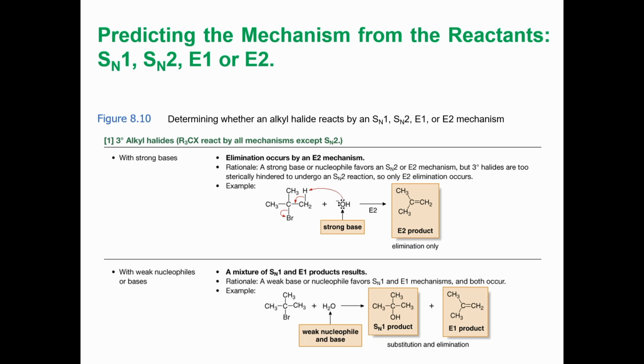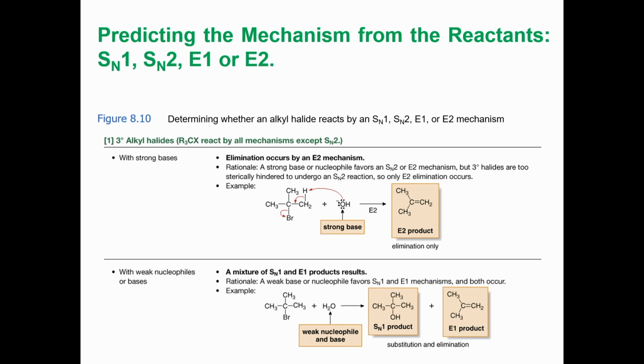This is a tertiary alkyl halide. In that case, with a strong base, we are going to get E2 mechanism with tertiary. Remember from the previous slides, tertiary is favored by E2 mechanism, while SN2 is favored by primary alkyl halide.